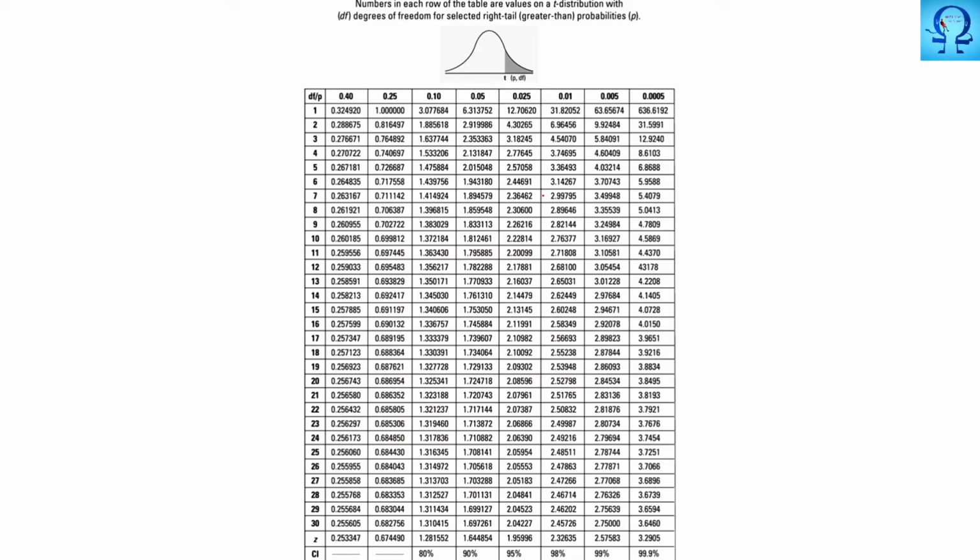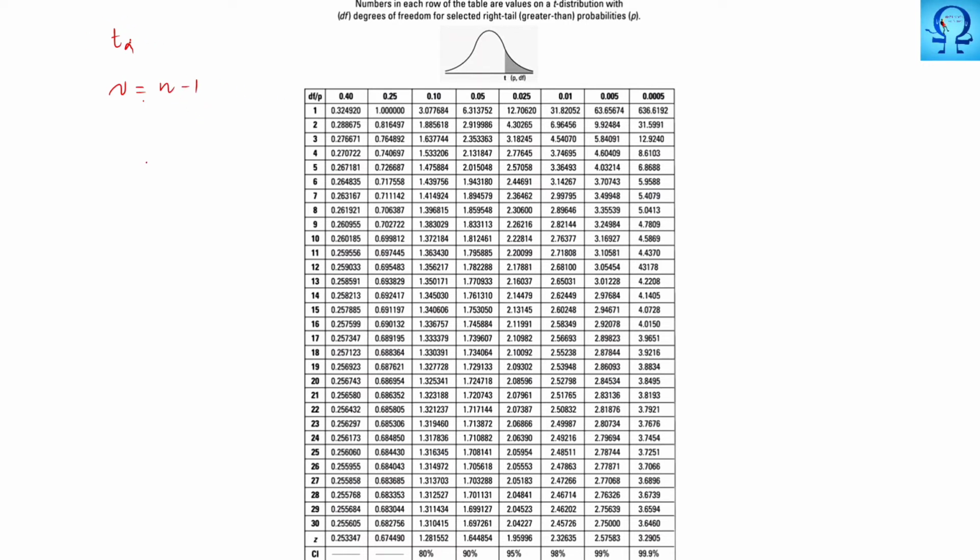Now that we have a table, let us fix alpha as 0.05. This alpha is the level of significance and nu is the degrees of freedom, the parameter which takes the value n minus 1.